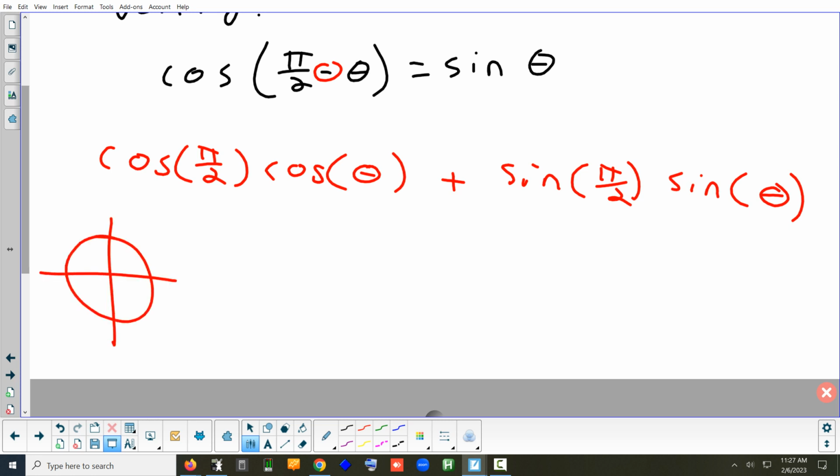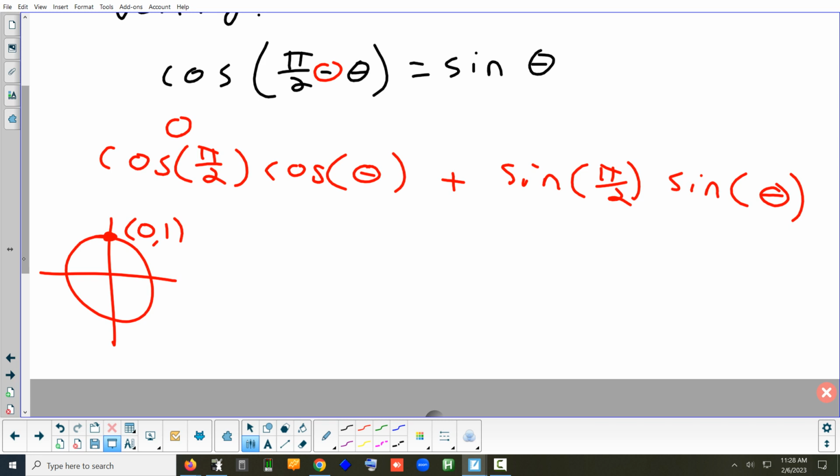Where's 90 degrees? Straight up. What's the coordinate for that on a unit circle? 0, 1. And cosine is which value? The x. So based on that coordinate, what's the cosine of 90 degrees? What's the cosine of pi over 2? 0.